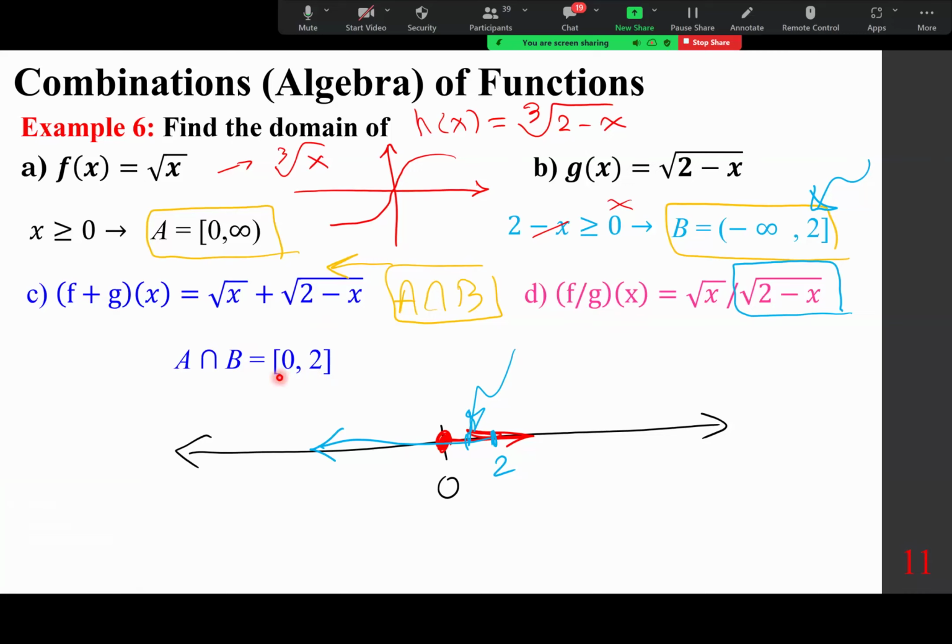Therefore, we have bracket 0 comma 2 with a parenthesis. So this is the change. x is part of A intersection B, and g can't be 0. The only difference is this bracket is fine for part C, but it's not fine for part D. So you want to be careful with that.